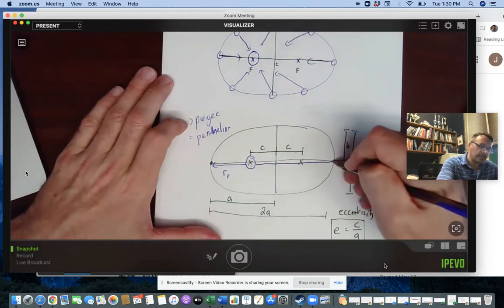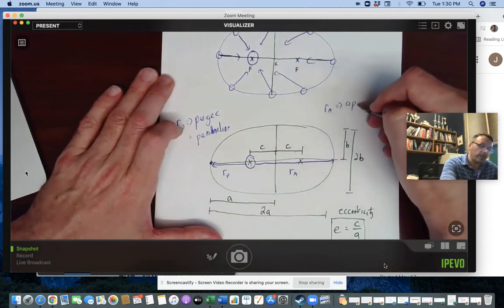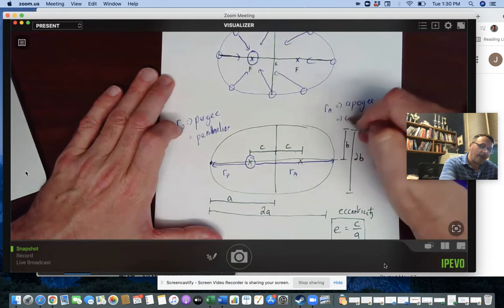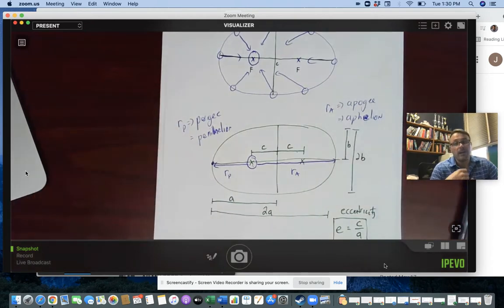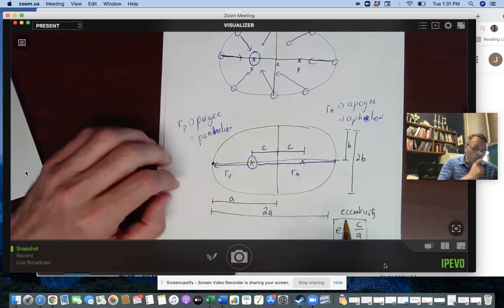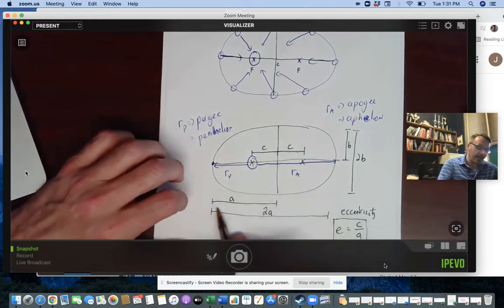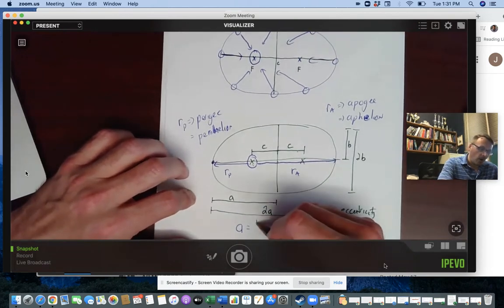Whereas this distance here is going to be RA. That point is called the apogee or the aphelion point. Ap is just a nice way of saying farthest from, so it's a point of furthest recession, where you are the furthest from the sun in this case. So that's the largest distance, and that's the smallest distance. Therefore, A, this semi-major axis, is just equal to RA plus RP over 2.